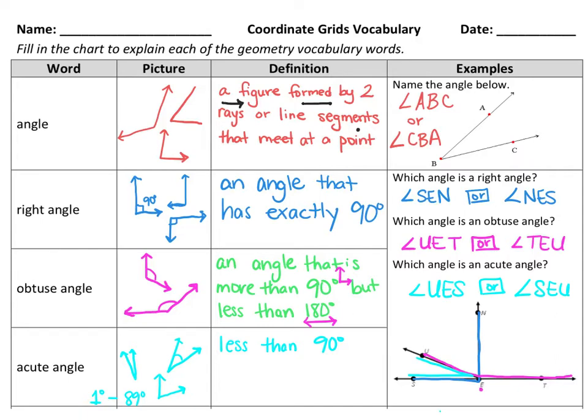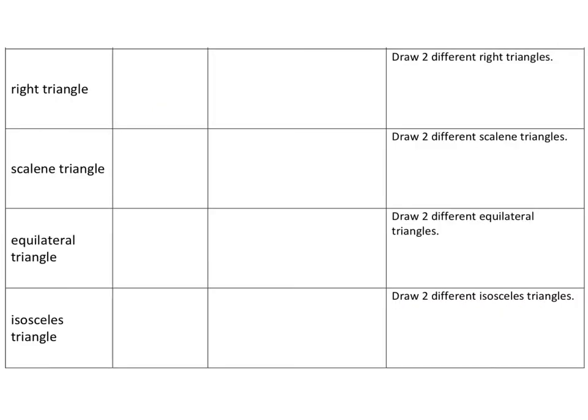All right, moving on to our next vocabulary word. Right triangle. We just learned that a right angle has an L shape. So a right triangle looks like this. It is a triangle that has a right angle on it.